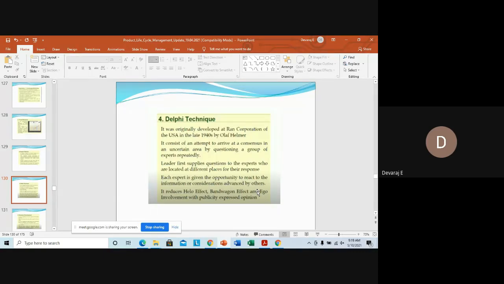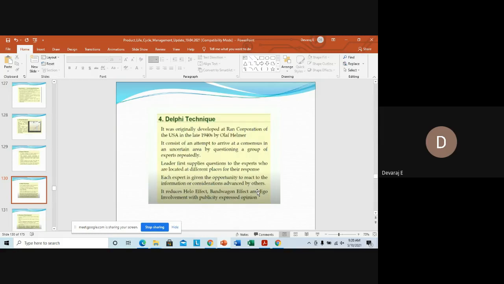If they get an error, they will ask again, this is what the problem is. Until all the experts tell the same solution. If they tell the same solution, immediately the CEO, or the product design engineer, will implement the solution for that problem. So this is called the Delphi technique.